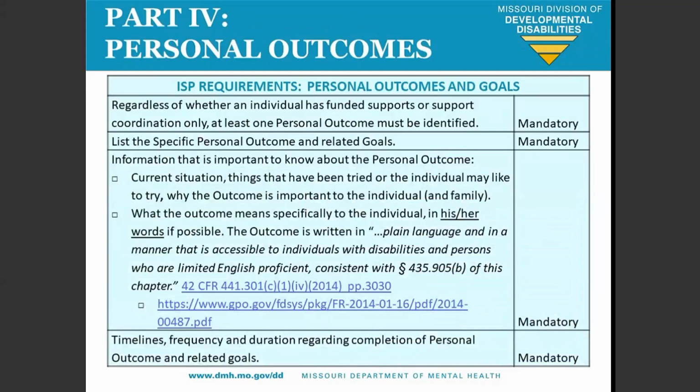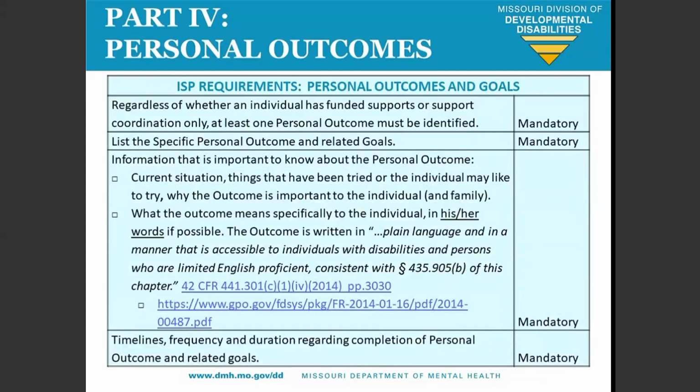This chart describes what has to be included in personal outcomes and goals. You will note each ISP must include at least one personal outcome. In addition, each personal outcome needs to describe the current situation, things that have been tried, and why the outcome is important to the person.